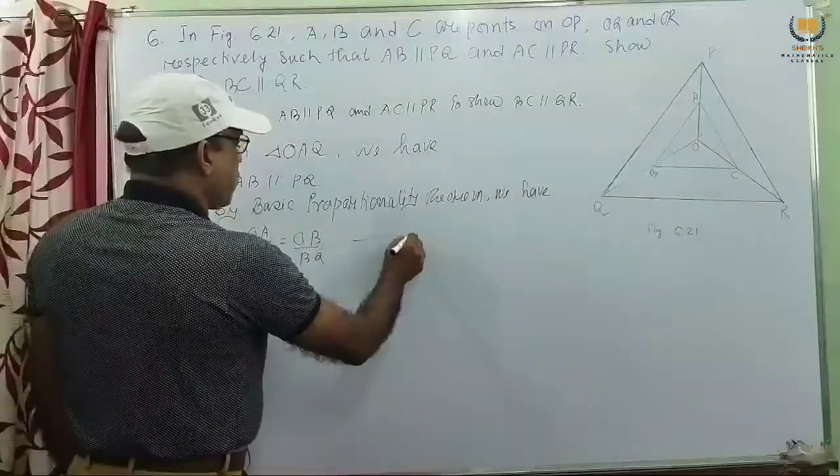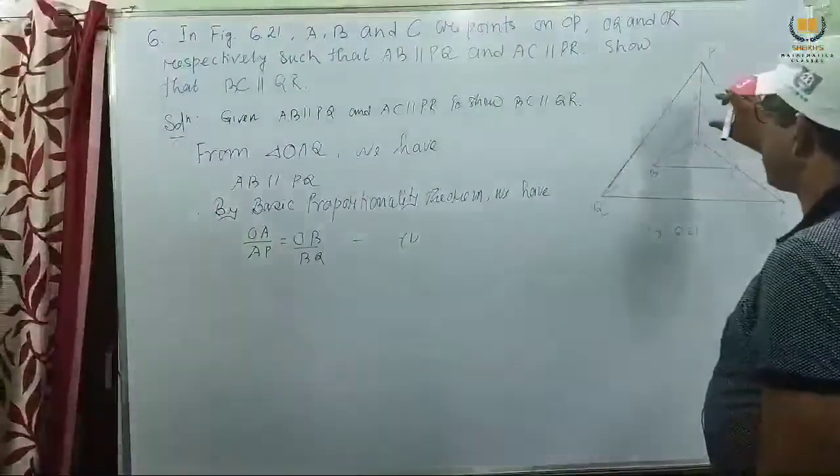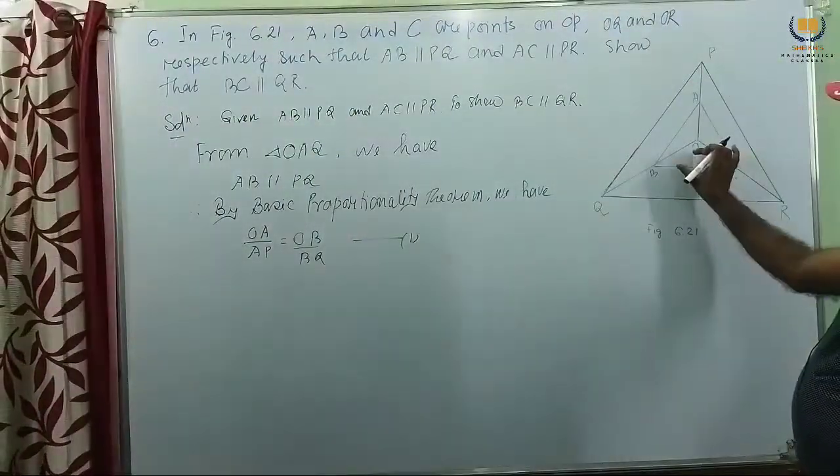This is number 1. So this side is parallel to this, so by basic proportionality theorem, this by this equals this by this.